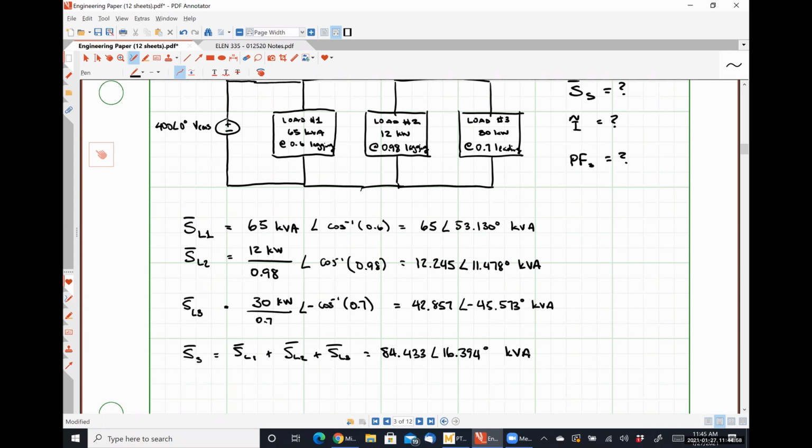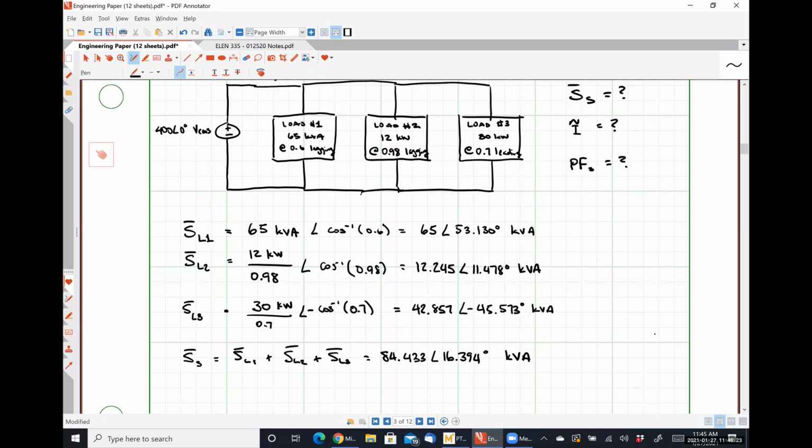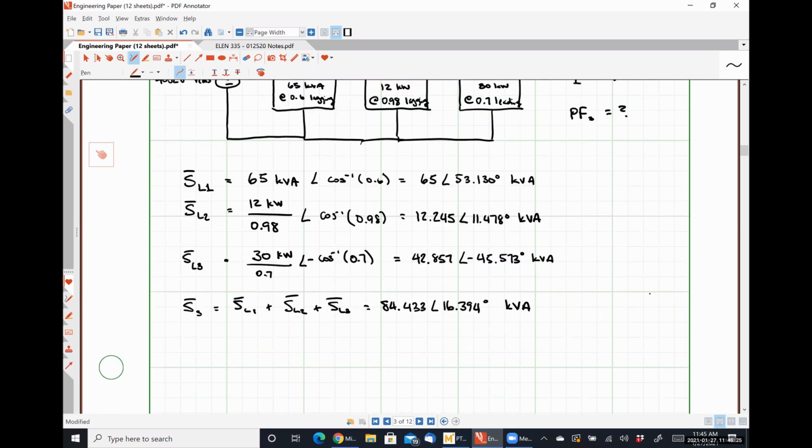So the inductive reactance of the motor is more than compensating for the capacitive reactance of the railgun there, even though the motor is actually operating at a worse power factor.